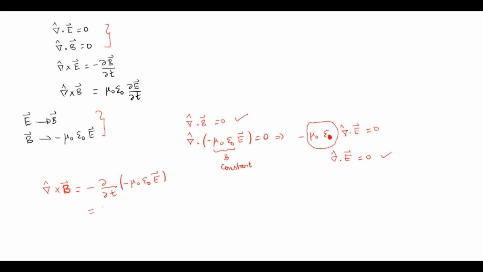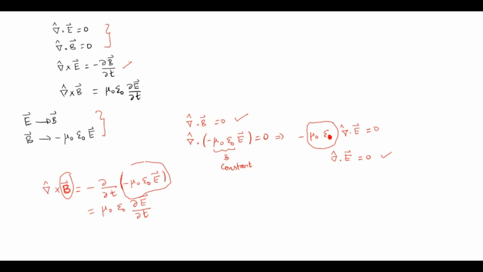So mu naught epsilon 0 minus into minus plus ஆயிடும் partial E vector by t. So once when I substitute this transformation in equation 3, E இந்த இடத்துல என்ன ஆகுது, B ஆ மாறிடுது and B க்கு பதிலா நான் இங்க substitute பண்ணேன். Substitute பண்ணா என்ன வருதுன்னு பார்த்தீங்கன்னா I am getting the equation number 4.